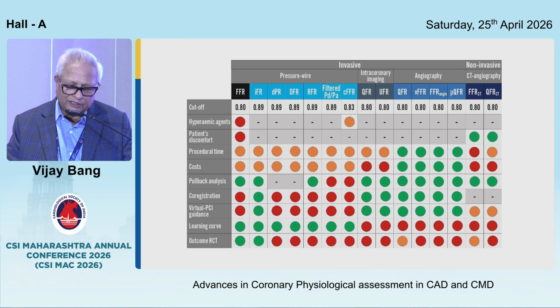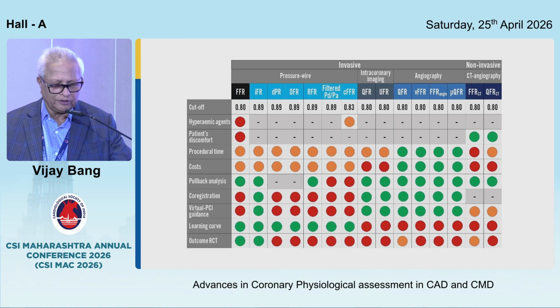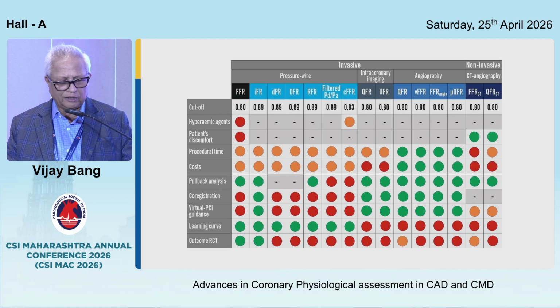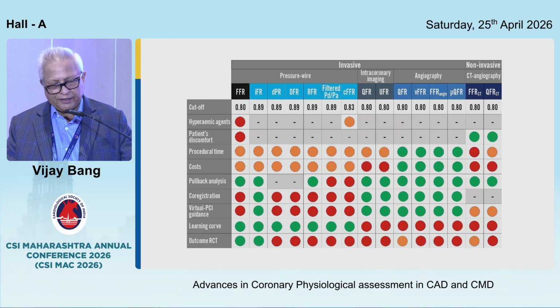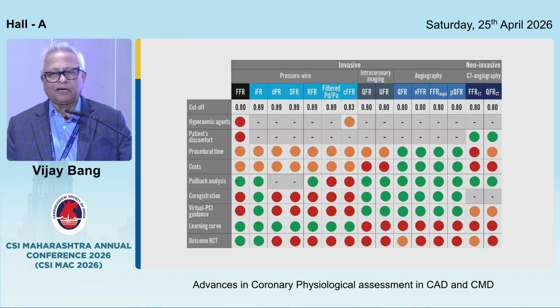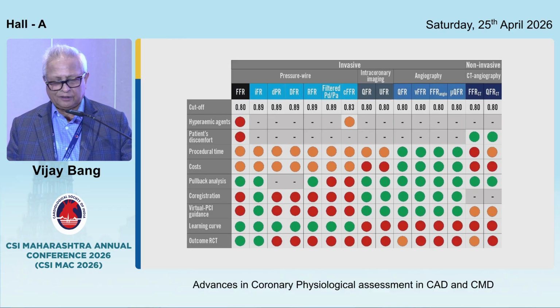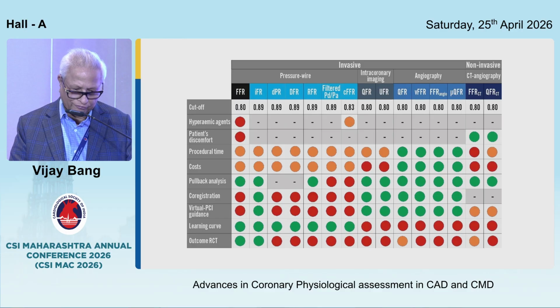And there are several parameters which are included in functional coronary angiography: QFR, UFR, DFFR, vFFR, and another one is microQFR, which is very highly sensitive and specific, and a single view can do it. Then FFR-CT and QFFR.